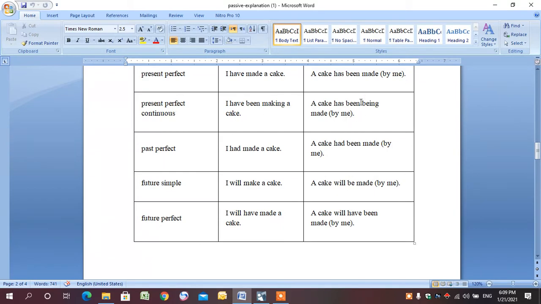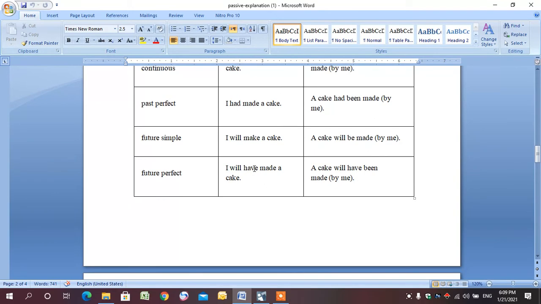And then been, you put it back. And then you don't write verb to be, but you take the ing from it and you put it into the verb. So I have been making, okay, a cake. All right?